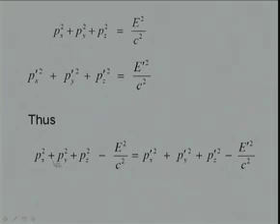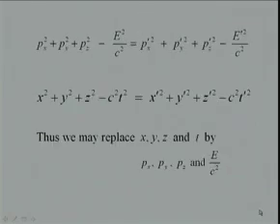Thus, P x square plus P y square plus P z square minus E square by C square is equal to P x prime square plus P y prime square plus P z prime square minus E prime square by C square. If you compare this with the x relation, in the transformation laws we must replace x by p x, y by p y, z by p z and t by E by c square.